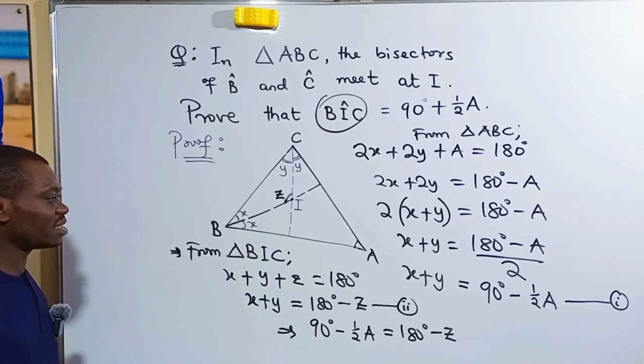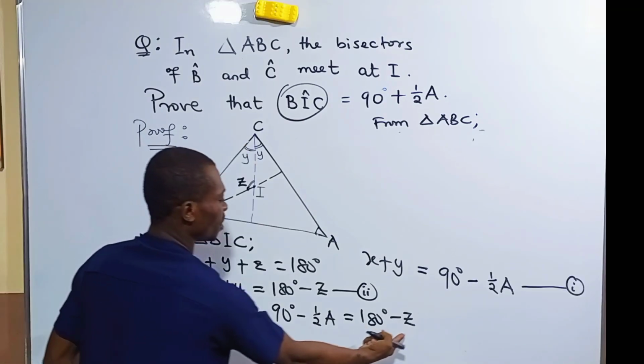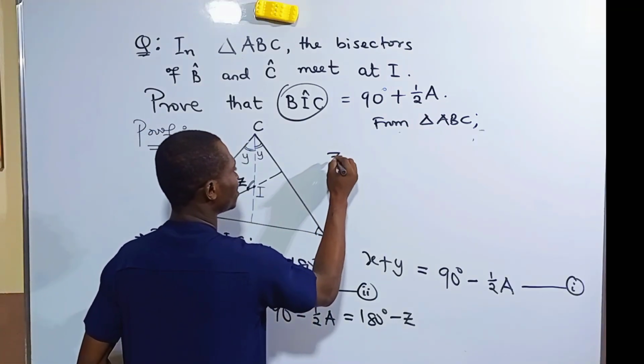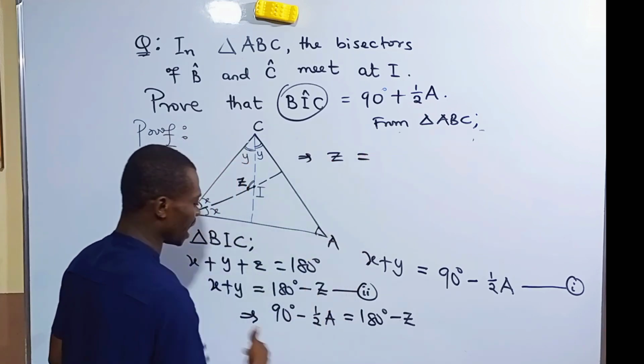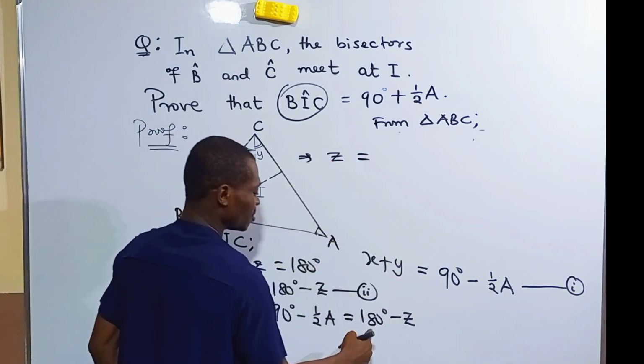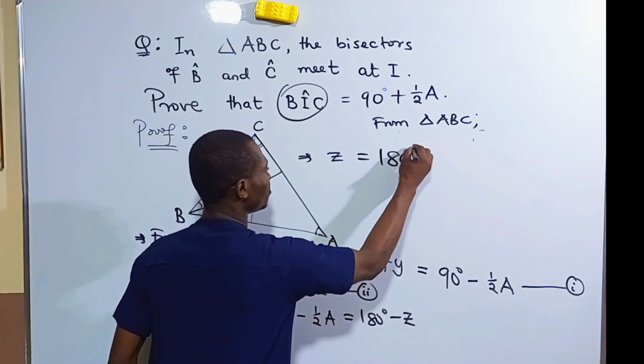If I make z the subject, I bring z to this side, and z is equal to, taking every other thing to the other side, 180 degrees.